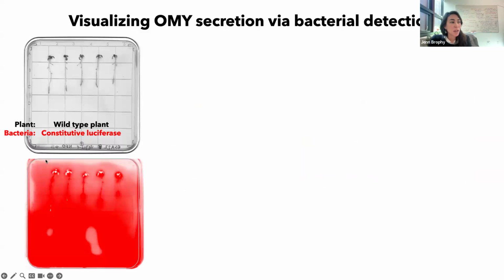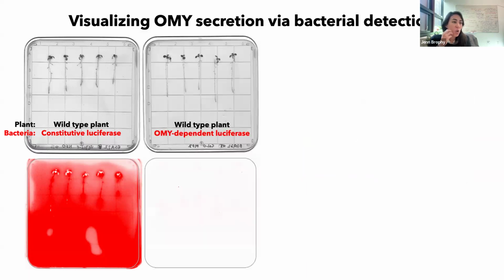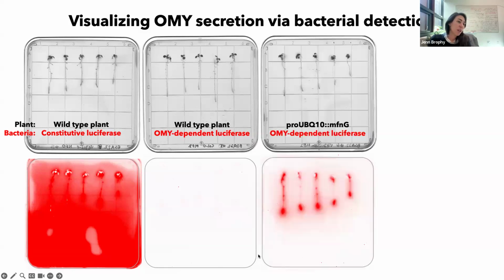So here's an example where we have a constitutive bacteria control. So these don't require the non-standard amino acid. You can see a strong luciferase signal all over the entire plate. Here's a negative control where we have the O-methyltyrosine dependent bacteria growing with a wild type plant, and you can see no luciferase signal. But then here's the ubiquitin lines.